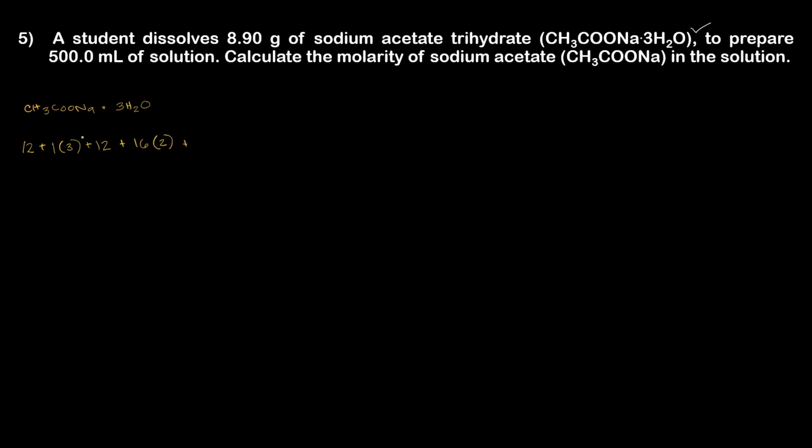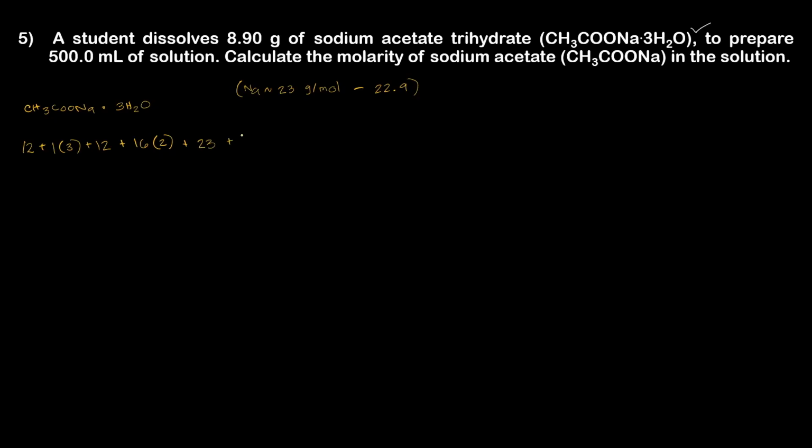And we have sodium. This time you should look at your periodic table. Sodium is approximately 23 grams per mole. I believe it's around 22.9 something, but 23 is a good approximation.